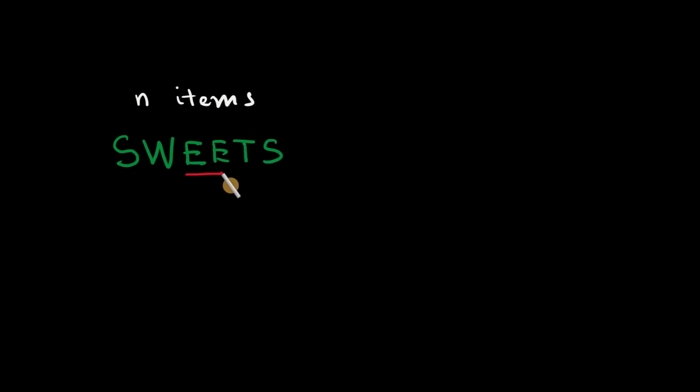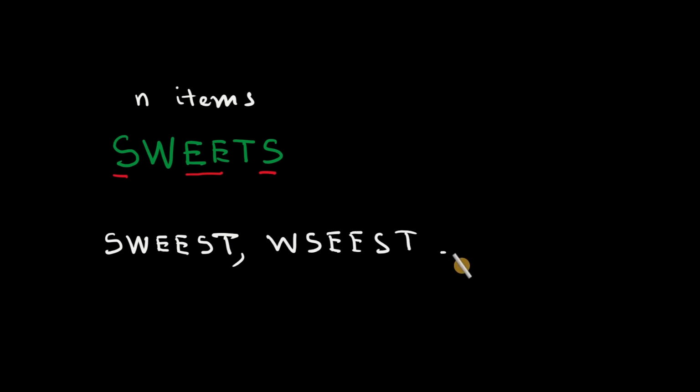I may want to arrange n items in different ways, but inside the n items, there are some items that are repeating. Like, for example, in the word sweets. In this word, you see E is repeating as well as S. It means that if I want to permute this word, taking all the items at a time, I can have words like sweets, can have this, and so many others.